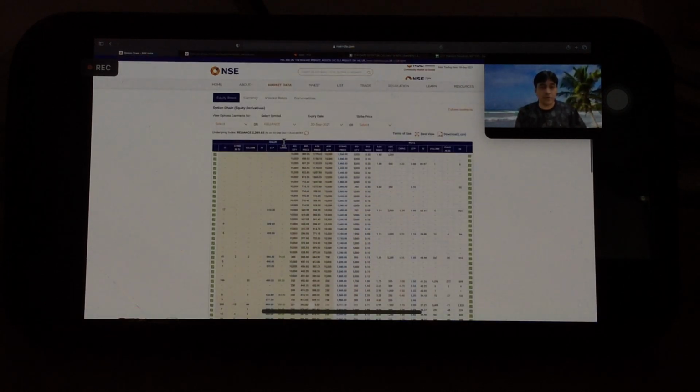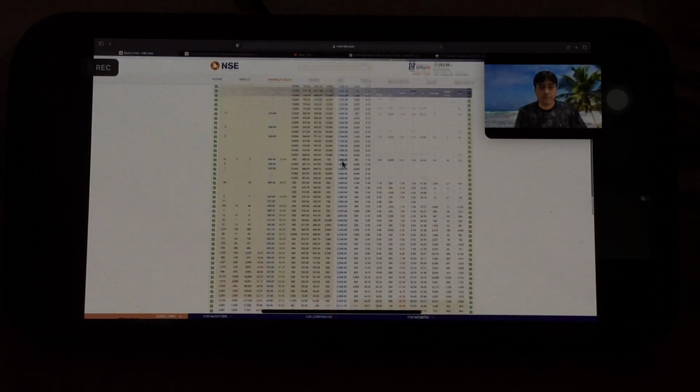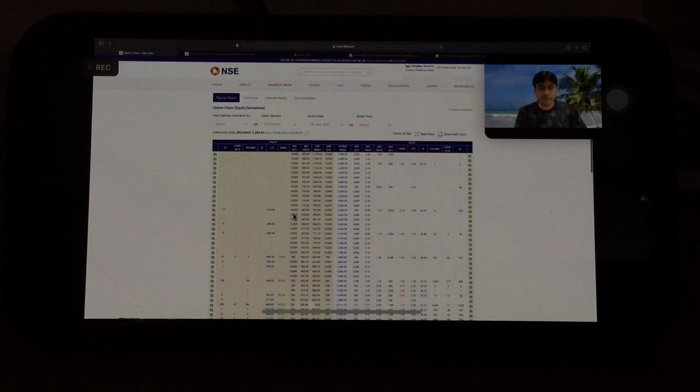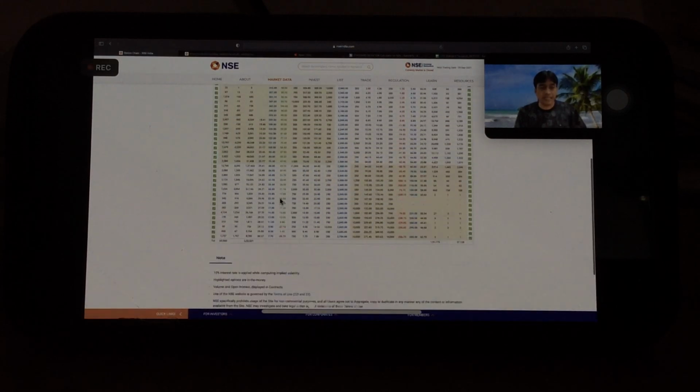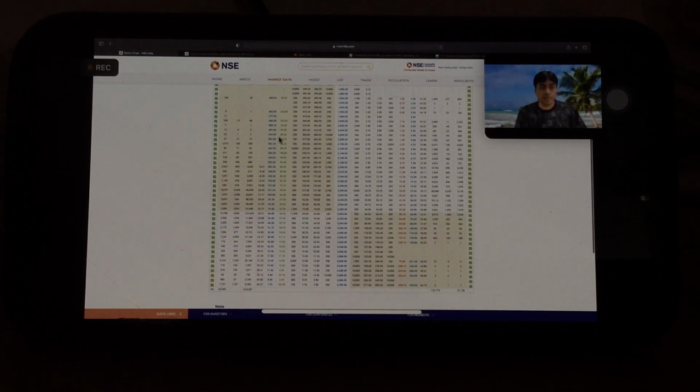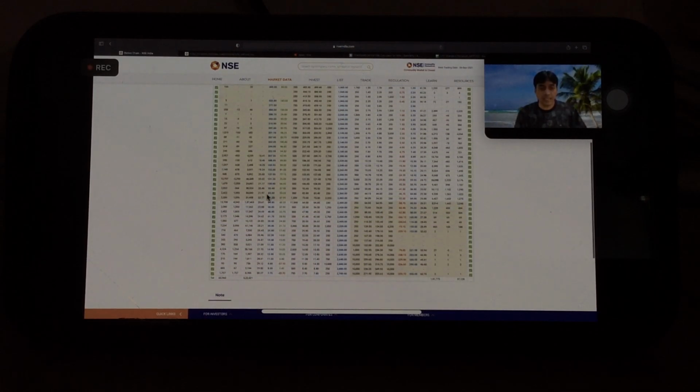This left side is about calls and right side is about puts. So what are the things we are seeing here? This is LTP, last traded price. If we see 2360, the last traded price is in blue color. 2360, it's 83.